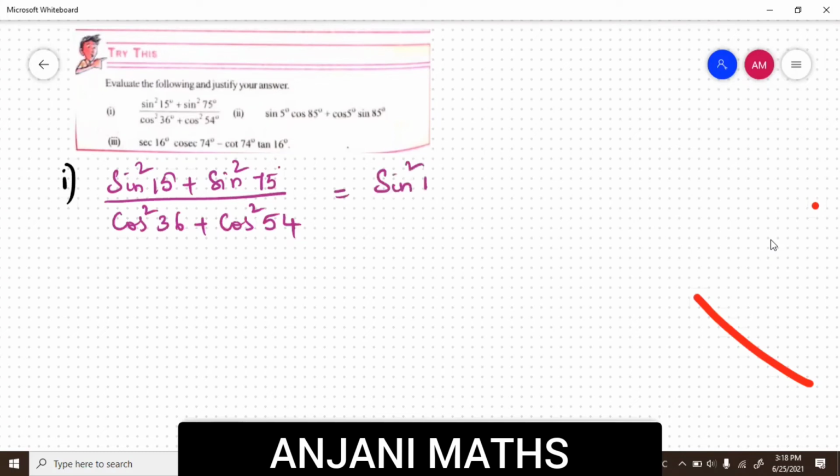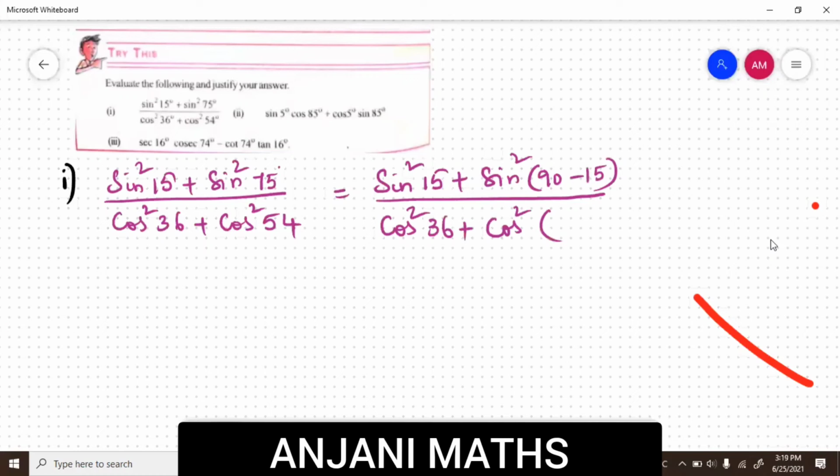Sin square 15 plus sin square of 90 minus 15, divided by cos square 36 plus cos square of 54. What is the sum of 36 and 54? We got 90, which means these two are complementary angles. So we can write 54 as 90 minus 36. Now, what is the next step?